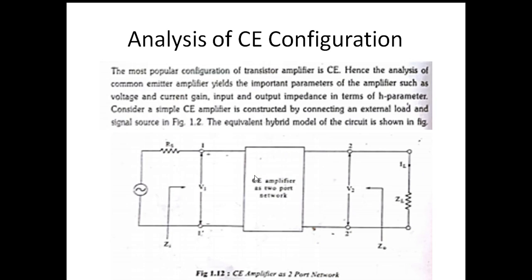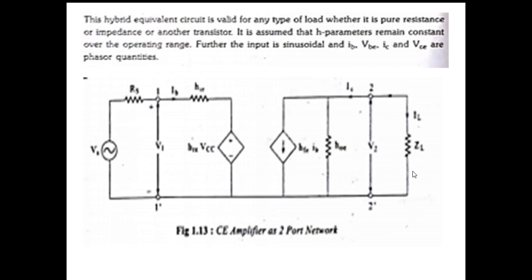This is a CE amplifier circuit. For this CE, we already developed a hybrid model. For that hybrid model, include this voltage source, RS and ZL. For this, calculate the voltage gain, current gain, input impedance and output impedance. Let us see how it will be.